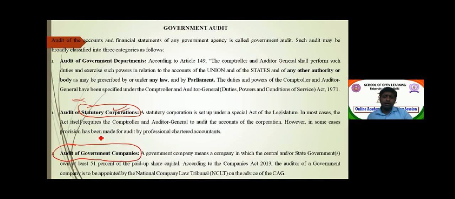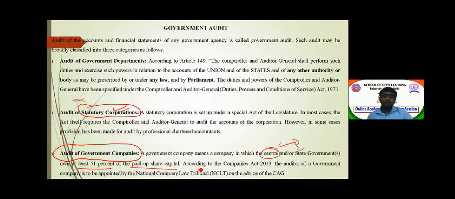Government companies here means those companies that are under the control and operation of the state government or central government or both. The utmost condition is that in these companies, at least 51% of the paid up share capital must be held by the central government and state government or either of them.